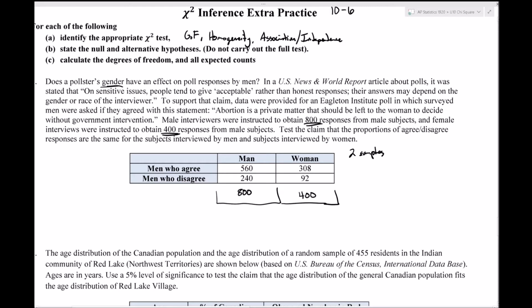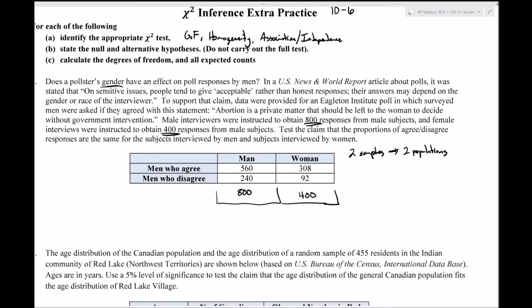That's a big difference here. Basically what that means is that we have two populations. That's a key distinction. So two populations and one sample from each of those populations, so a total of two samples.